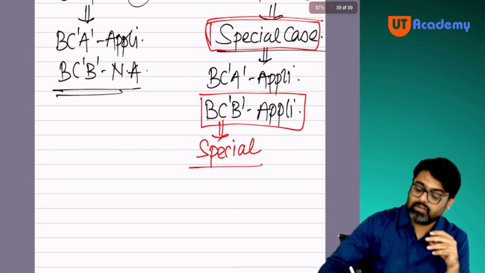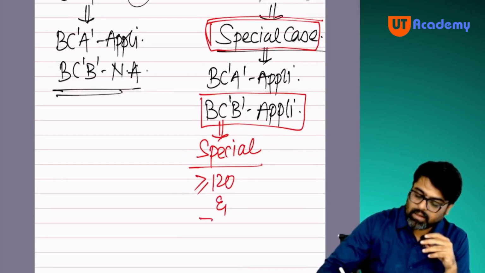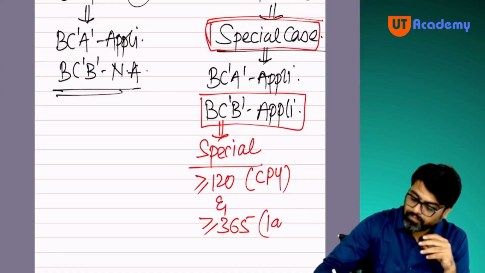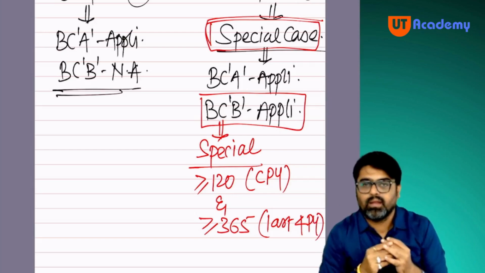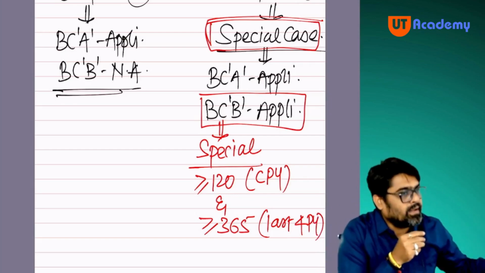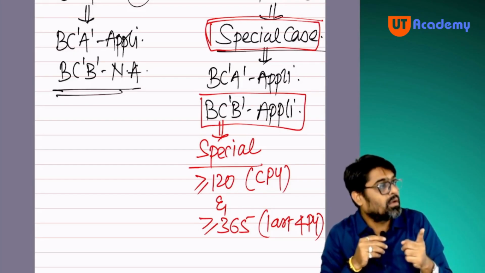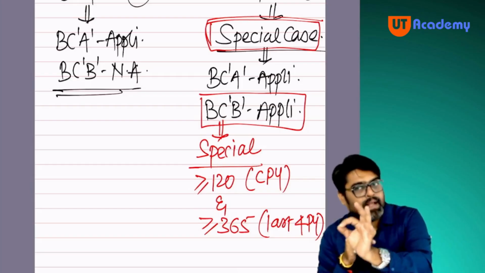Now in this case, current year the stay should be 120 days or more, and last 4 years the stay should be 365. This is the current previous year stay, and this is the last 4 previous years. So instead of 60 and 365, you will check 120 and 365. In normal cases, you are not going to do this. Only in this special case where basic condition B is getting applicable.